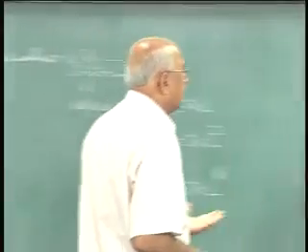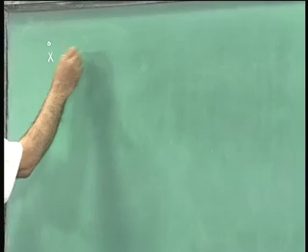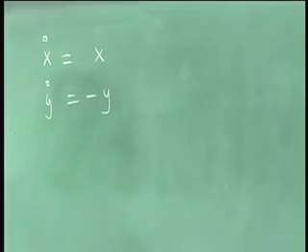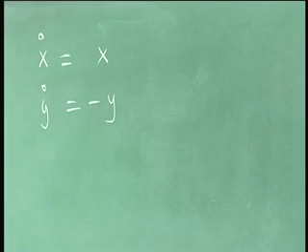Now what is the meaning of saying that it is invariant under similarity transformations? Let us look at the 2 by 2 case. Let me take a simple example. We took an example where you had x dot equal to x, y dot equal to minus y. This was a saddle point because it is already in a diagonal form, and the critical point at the origin is a saddle point because the eigenvalues are +1 and -1, two real eigenvalues of opposite sign.